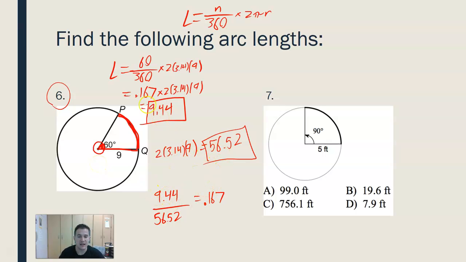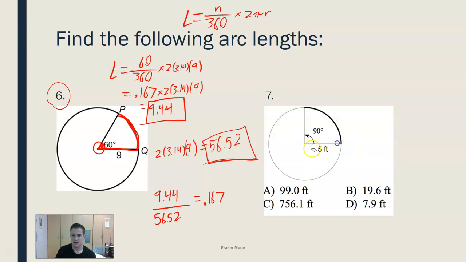And the arc length of 9.44 is 1/6 of the circumference. So that's why this is the formula we use for arc length: the same fraction associated with the angle compared to the inside of the circle applies to the arc length compared to the whole circumference.